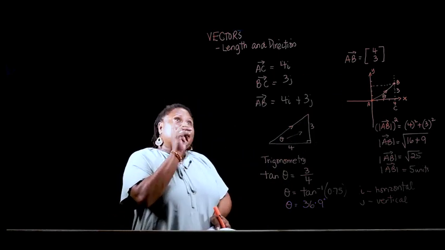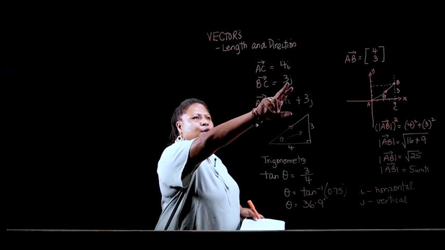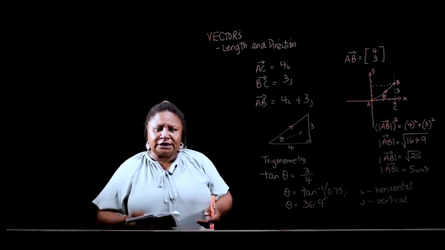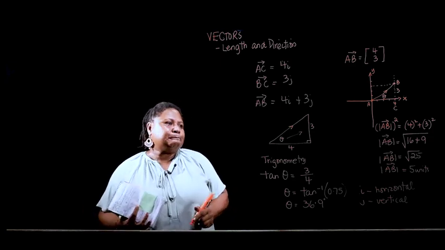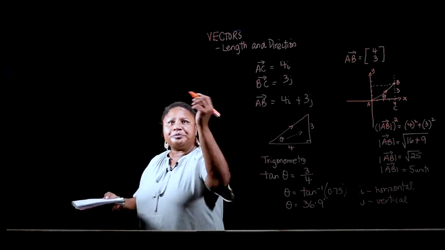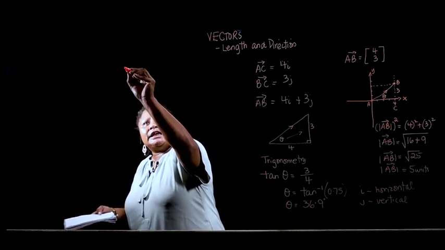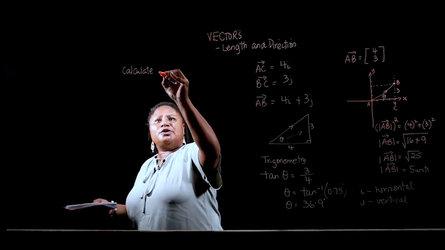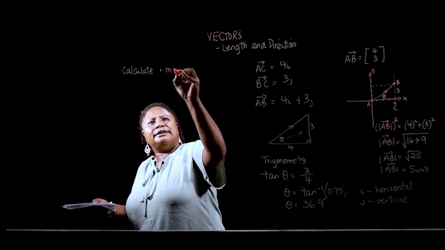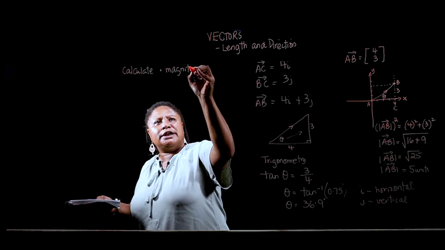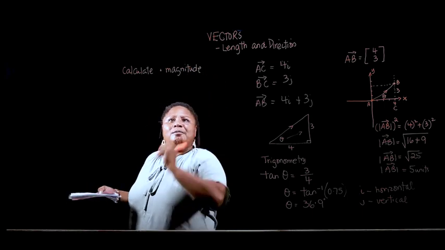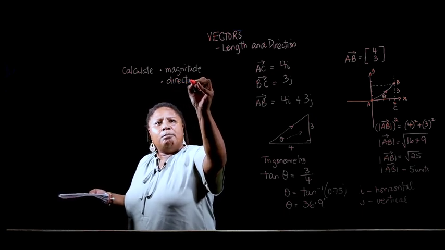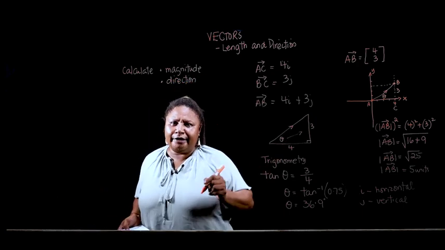Now let's go through one more example. This time we are going to use the horizontal and the vertical unit vectors. Let's say we have a question that says calculate the magnitude, I should have just written length, and we are also going to calculate the direction, but we are not going to be given a diagram.